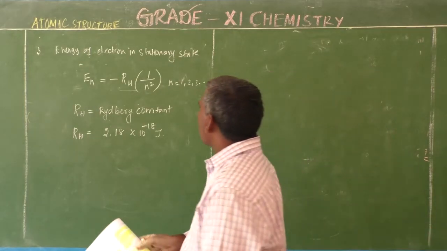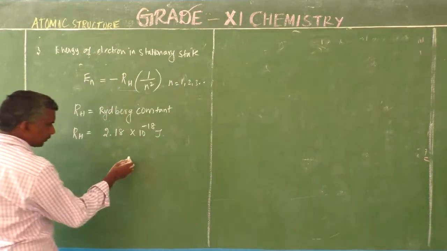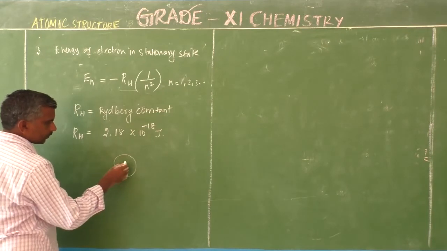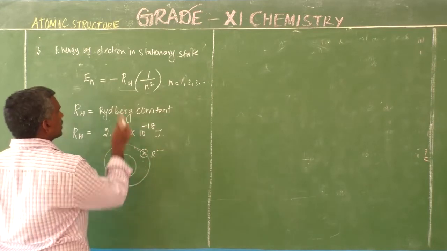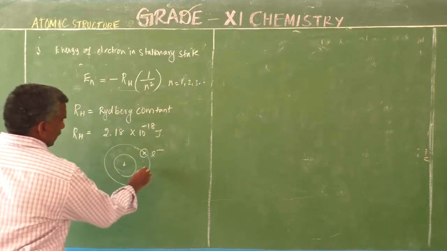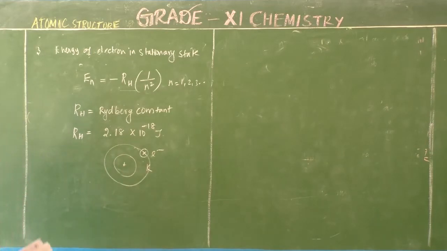Now, the electron is present in the first cell. What is the energy of the K cell?